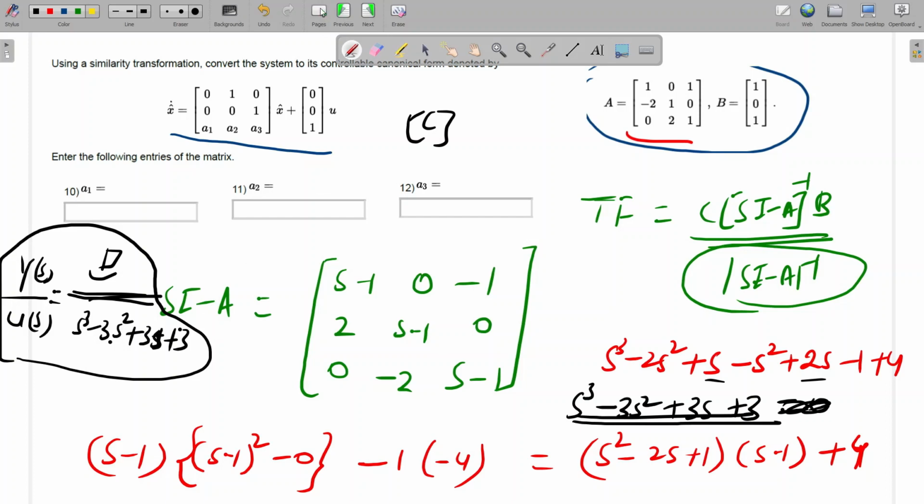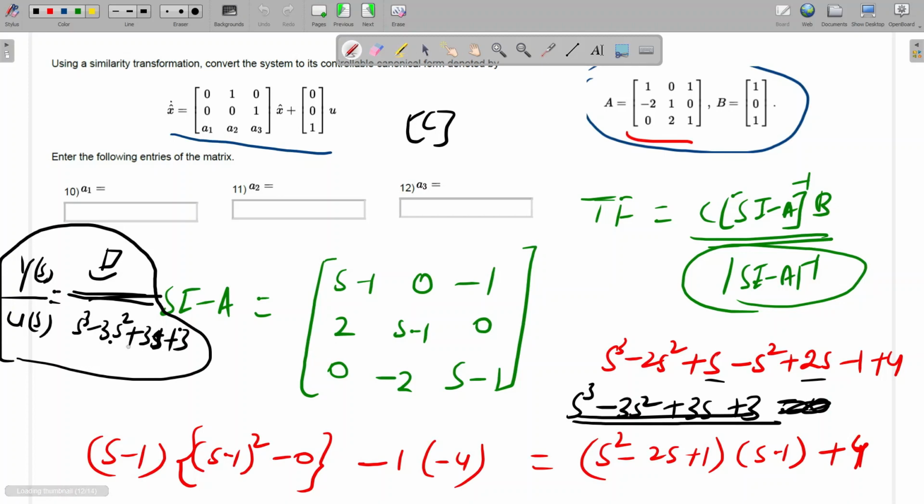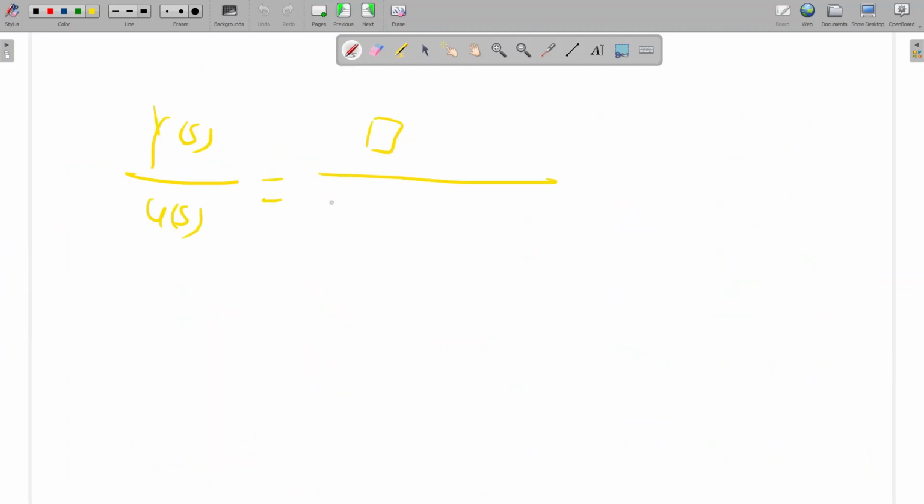So I'm going to write on the next page, Y(s) upon U(s) is equal to some numerator divided by this denominator, S cube minus 3S square plus 3S plus 3. So this will be a denominator. So how we can find the matrix from this one?